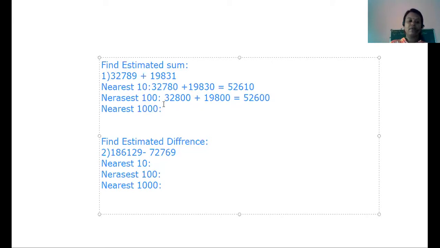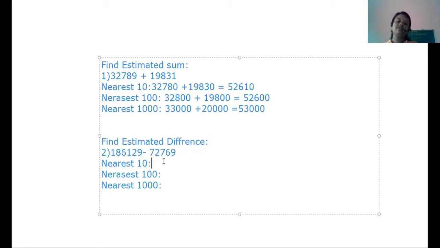The same way when we consider the nearest 1,000, we write 33,000, since the next digit 7 is greater, and followed by 9 which needs to be increased, so we should definitely write it as 20,000. So adding them we get a total of 53,000. So in this way we have learned how to add the numbers with the estimated values.